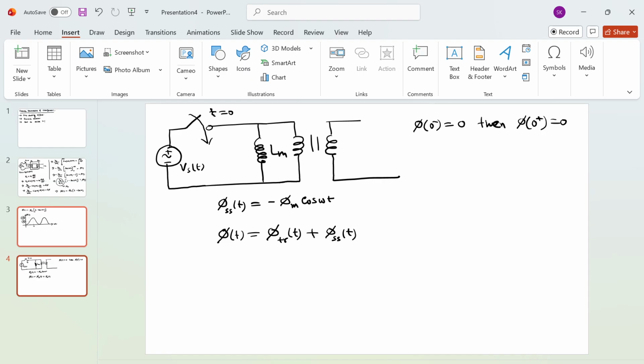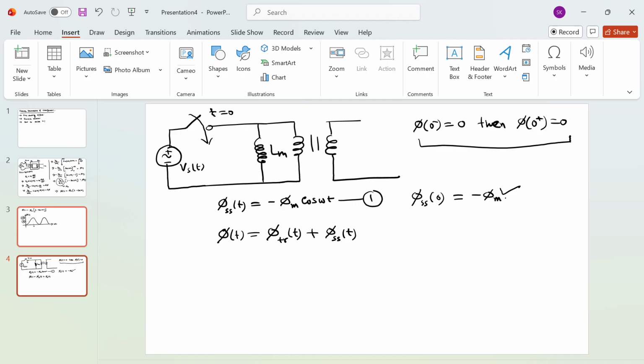Now the moment you close the switch, from equation number 1, you can see the steady state component at t equal to 0 is demanding minus phi m, correct? But according to the constant flux linkage theorem, my flux should be 0. But here the flux is minus phi m.